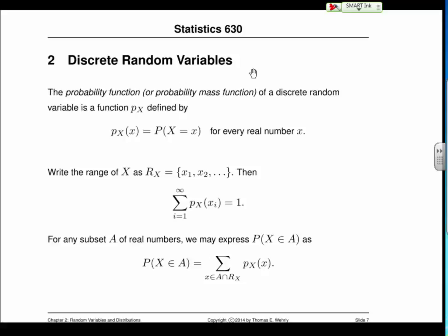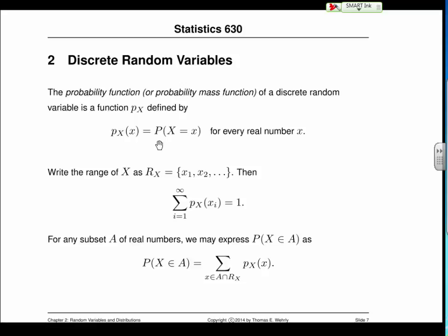And we define that by giving the probability that X equals x for every real number. And so what you'll have are a countable number of x's where that is bigger than 0, and the rest of the real line will have probability of 0.